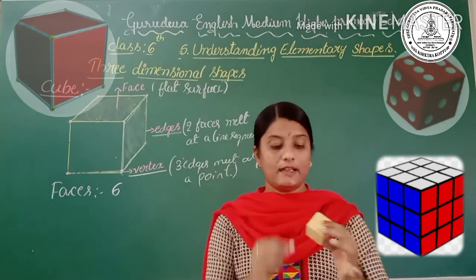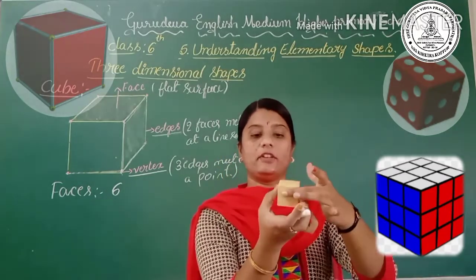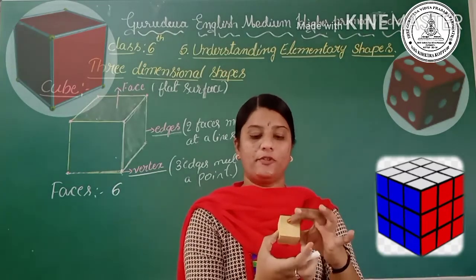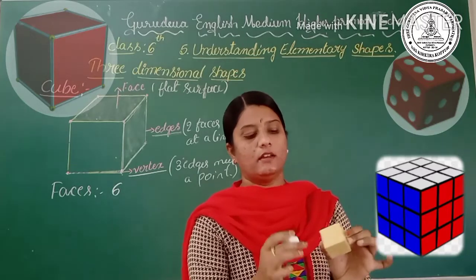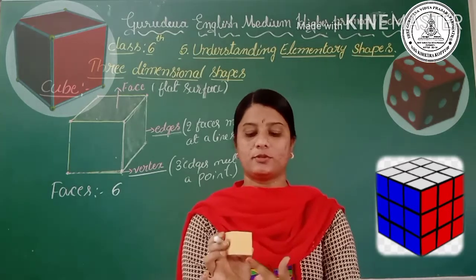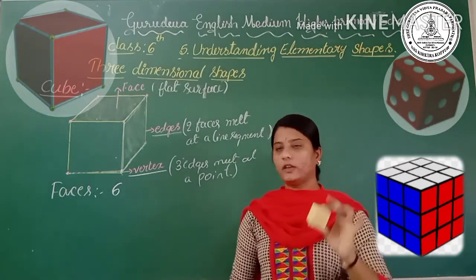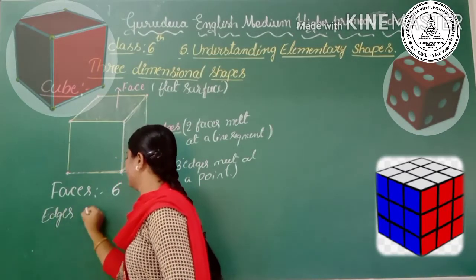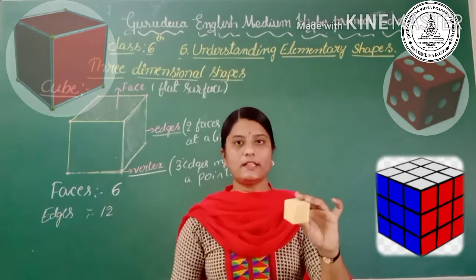Totally it has 12 edges. The front face has 4 edges and the back face has 4 edges, so 4 plus 4 is 8, and here it has 4 more edges, so 12. So the edges are 12.